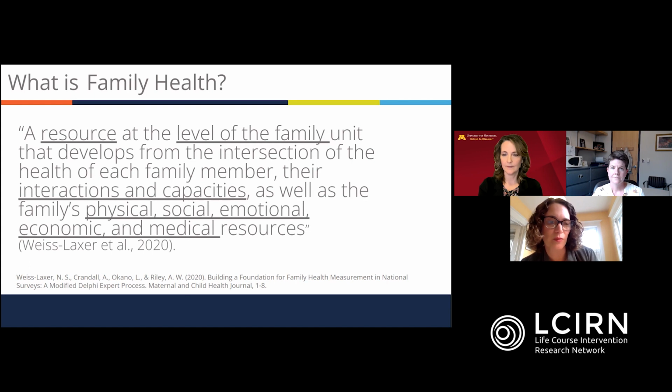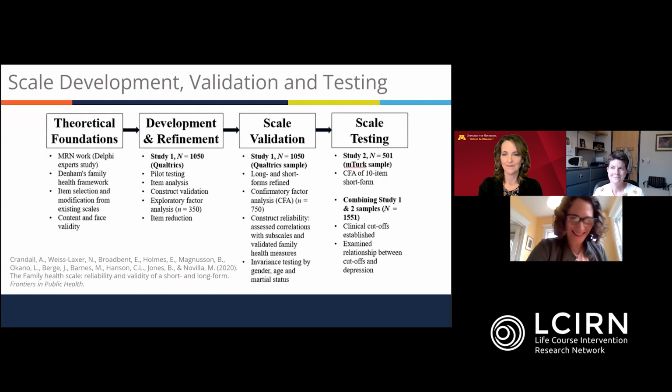Family health is a resource at the level of a family unit that develops from the intersection of health of each family member, their interactions and capacities, as well as the family's physical, social, emotional, economic and medical resources. So using that definition as the launch point, we developed a scale, and you'll see that testing and validation in the next slide.